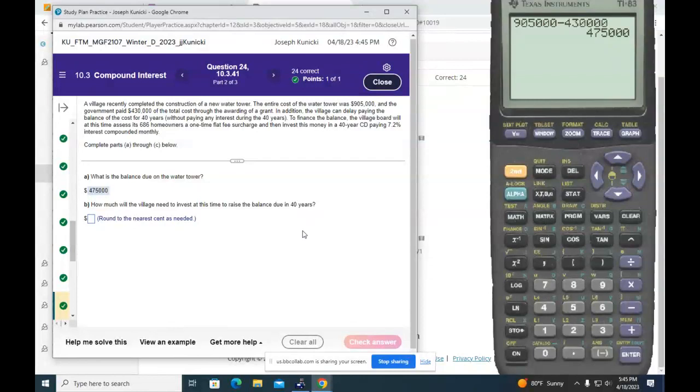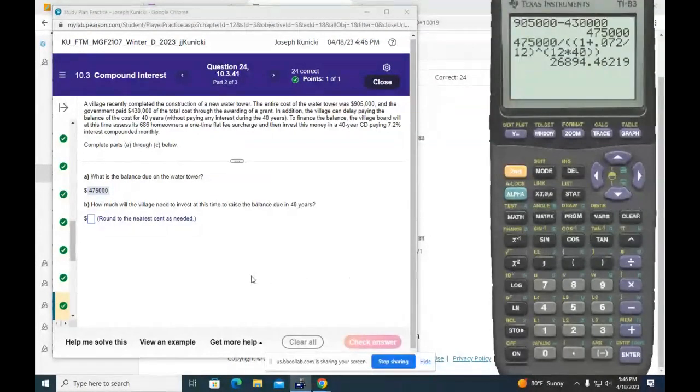I have to figure out how much they have to invest now, and then I'll divide it up amongst all the homeowners. But to get the present value, we use the present value formula. So they owe $475,000. We divide that by double parentheses 1 plus r, good percentage, 7.2%, and it's compounded monthly, which is even better. And it'll be for 40 years, so that's 12 times 40, 480 compoundings, right?